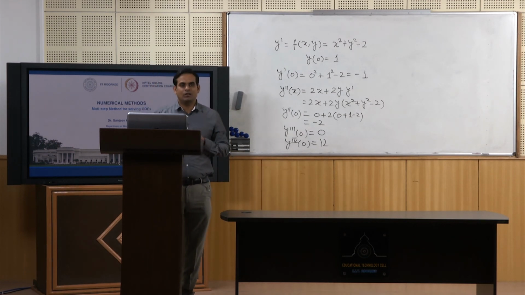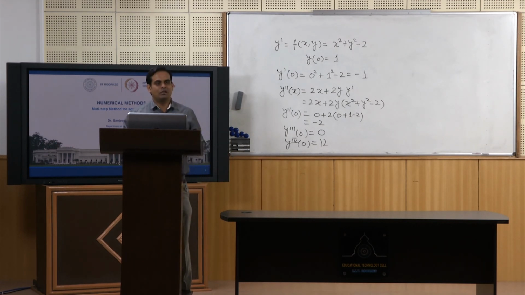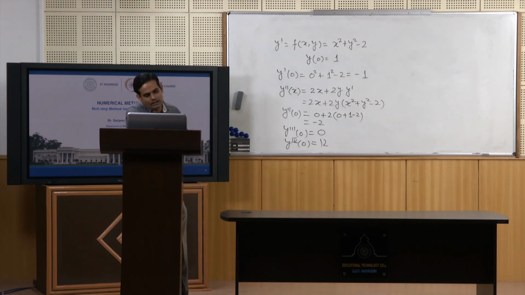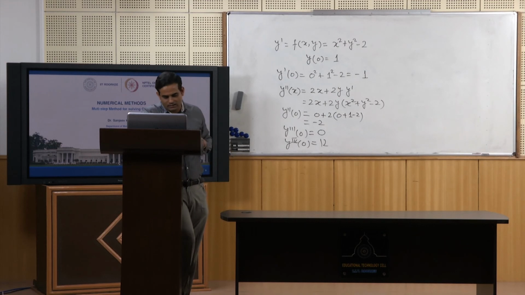And here, as I told you, we should know the value of y at more than 1 point. In this Milne method we should know this value at least at 4 points, which are either given to us or we need to calculate using the Taylor series method or Euler's method or any other method.